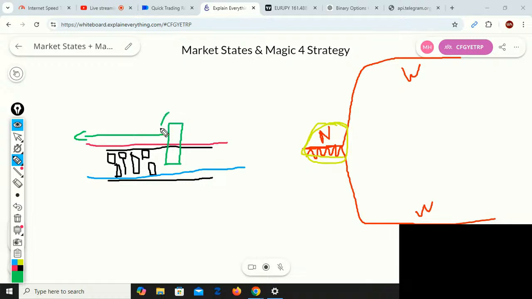See this bar over here is bigger than anything you see here. And this bar has to close above your Magic 4, which are the sideways situation happening here in price and the 200 moving average in this case. So whenever you see a bar like this, you enter the trade over here.